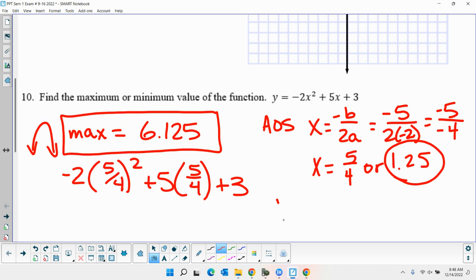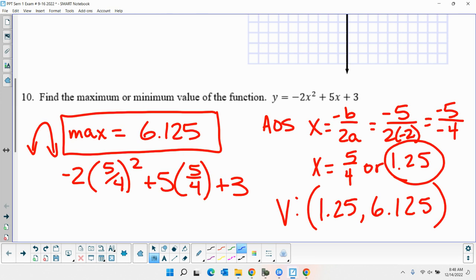If you want to write the vertex, you can. But when we're looking for a max or min value, it's this number, the y value of the vertex. Okay?